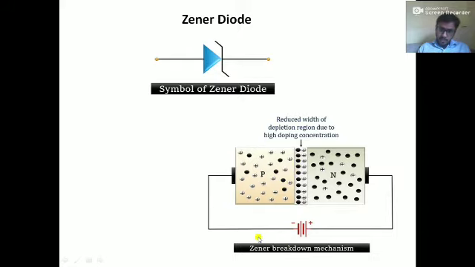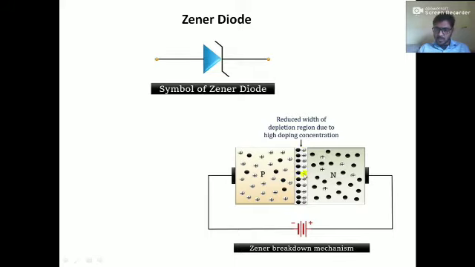So when you apply the potential difference between the P junction and the N junction, due to this potential some electrons get accelerated, and this electron moves from the PN junction region, the depletion region.